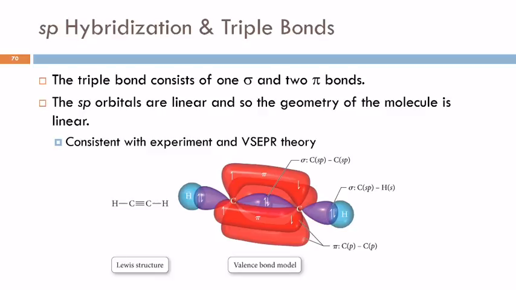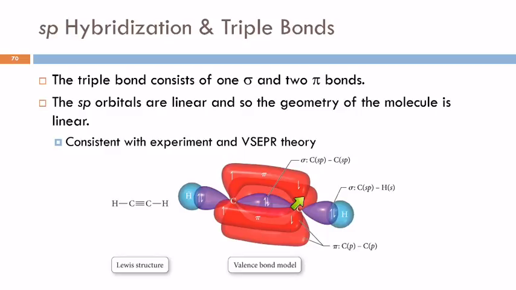So how does this triple bond work? Well, here's the carbon, and here's one sp hybrid orbital and the other sp hybrid orbital. So this carbon's sp hybrid orbital overlaps with the other carbon's sp hybrid orbital. And that gives us a sigma bond between the sp hybrids on both atoms.